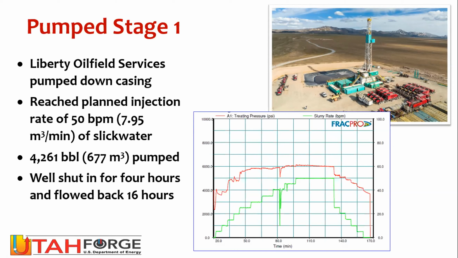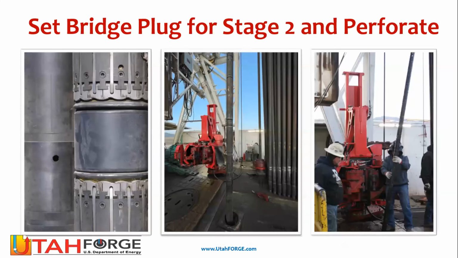It was shut in for about 4 hours, and then it was flowed back so that we could recover as much of the tracer from this stage as possible, to minimize cross-contamination between stages, and also to eliminate any potential for stress shadowing. We've seen some indications in previous smaller volume treatments that there could be some interactions.